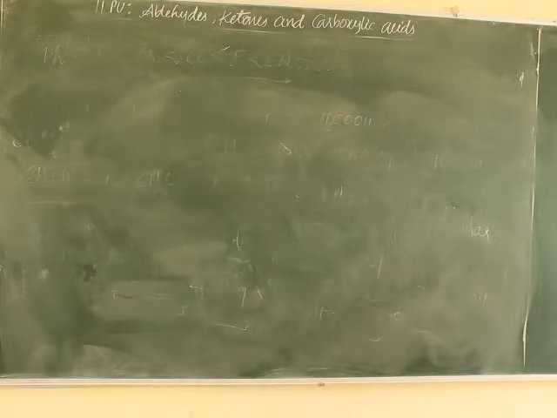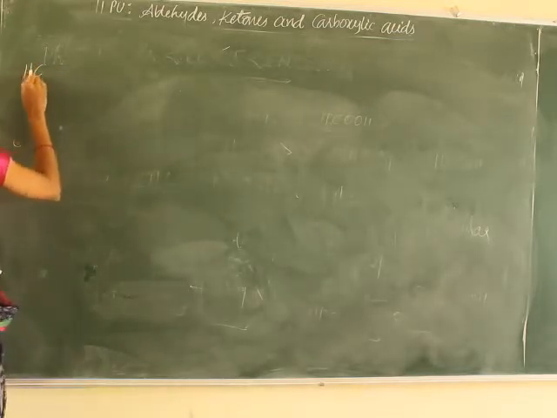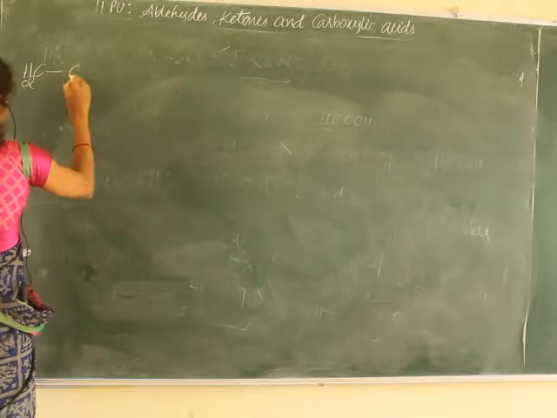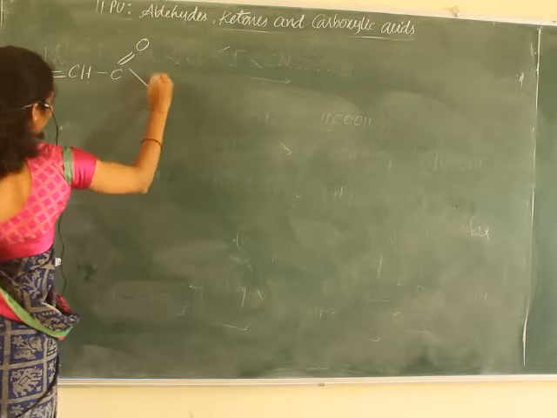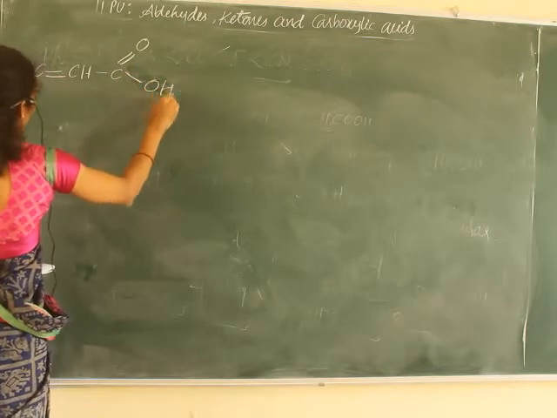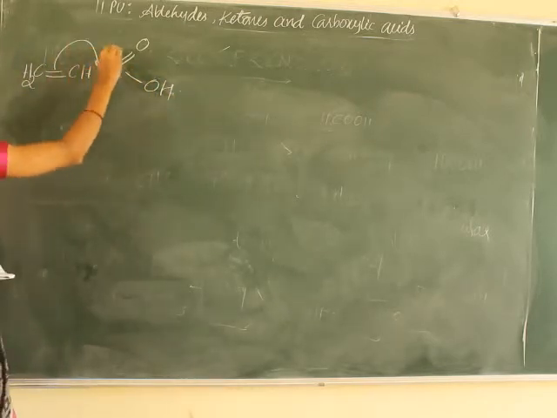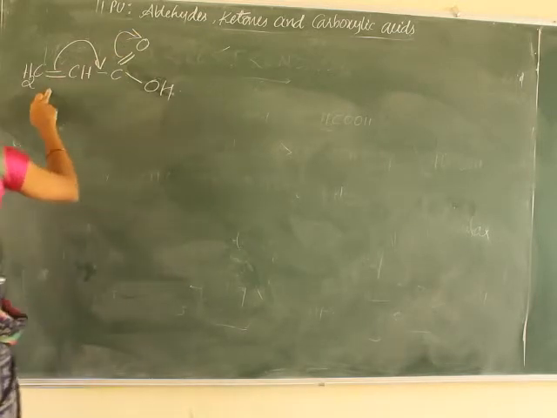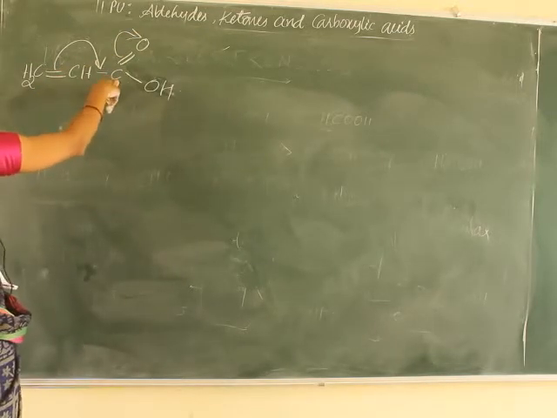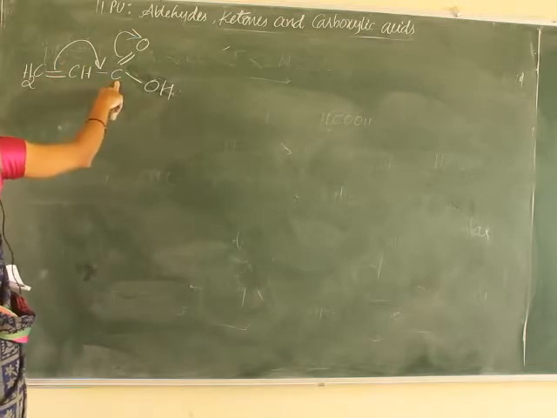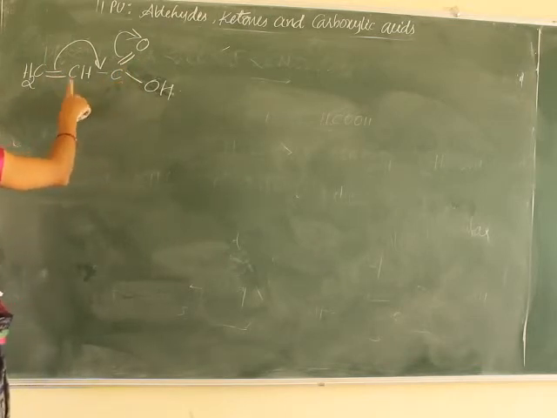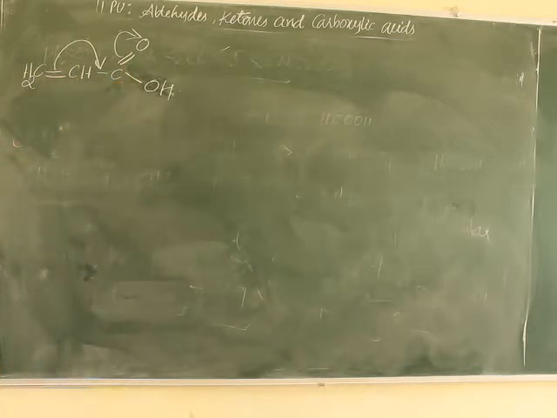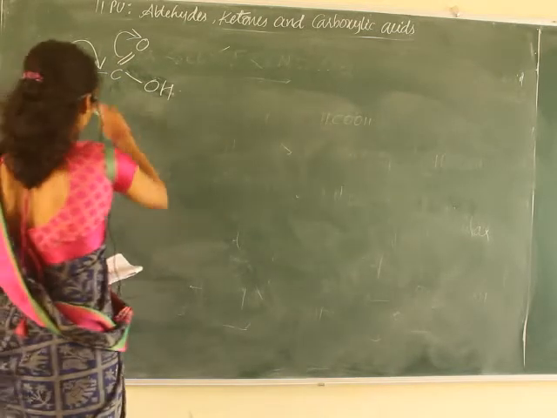Okay, due to resonance effect, what we have expected is CH2 vinyl group, CH, and C double bond O, OH, and due to resonance it is expected like this. Vinyl group means the carbonyl group is attached to the sp2 hybridized carbon atom, vinyl, right?